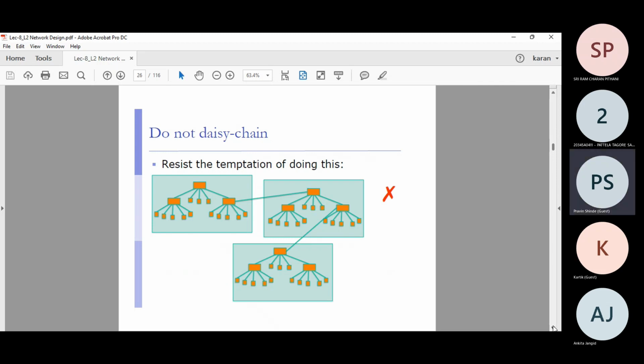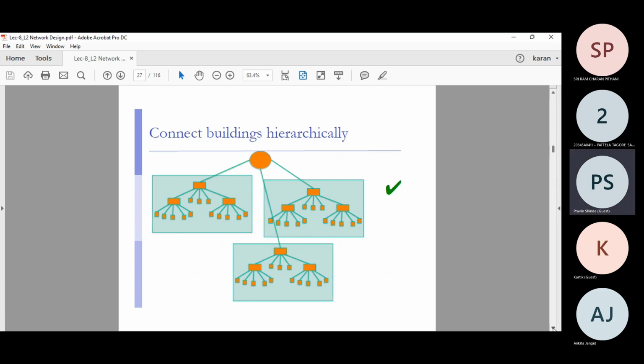This is the temptation of doing this. So see, these network topologies are created wrongly. And this is perfect, because this is a main aggregation switch. After the main aggregation switch, the normal switch.